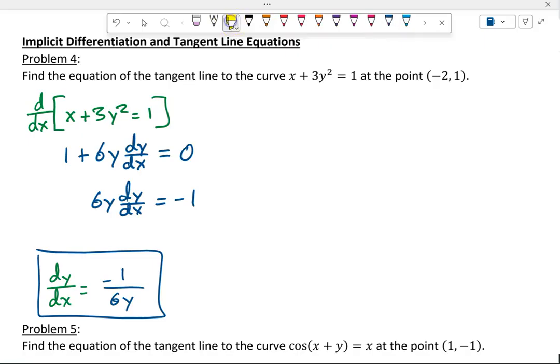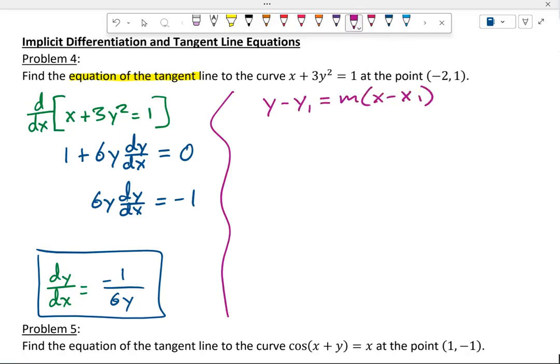We want the equation of the tangent line. So our form is y minus y1 equals m times x minus x1. What do we need to do a tangent line equation? It's two things. What do we need? A point and a slope. Are we given the point? Yeah, it's right here.